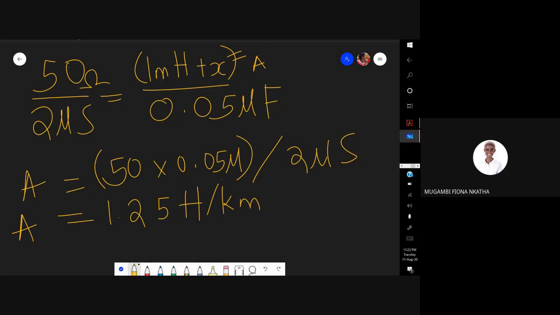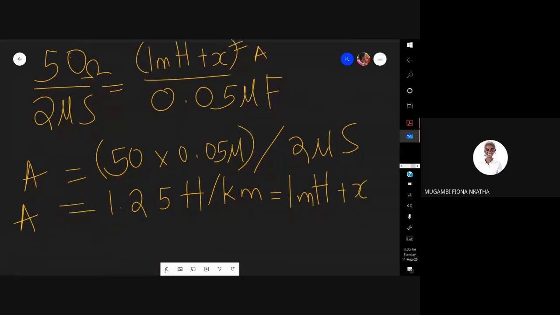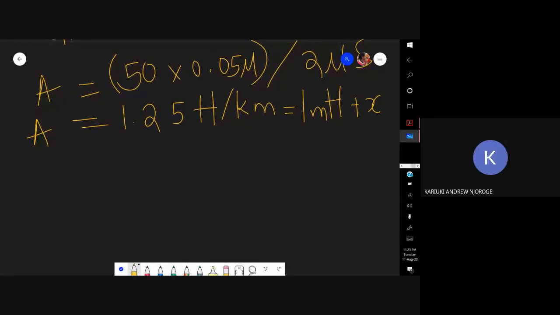But A is not what we're looking for. We're looking for X. So this is equal to 1 millihenry plus X. Once you do that, X is equal to 1.25 minus 1 millihenry.